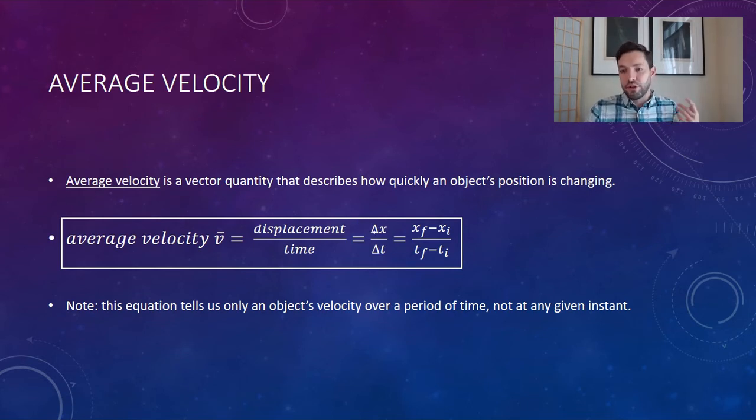So this is the change in x, the change in t. And instead of just saying delta x, we can rewrite it as your final position minus your initial position. That's what these subscripts mean. This is your final time minus your initial time, which is often just 0. So we can use this equation the same way we did with speed to figure out what your average velocity is.